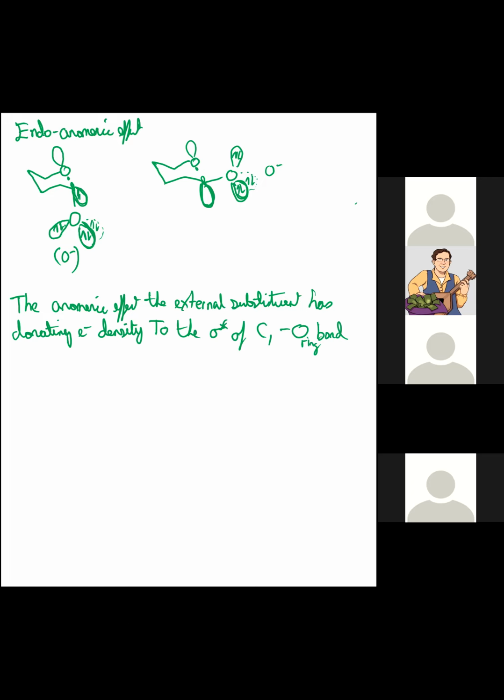So we're donating into that CO bond, and so you get that from both the alpha and the beta, and they're both actually pretty good at it. So it's kind of a wash. The endoanomeric effect doesn't actually get discussed very much because it's about the same alpha or beta.